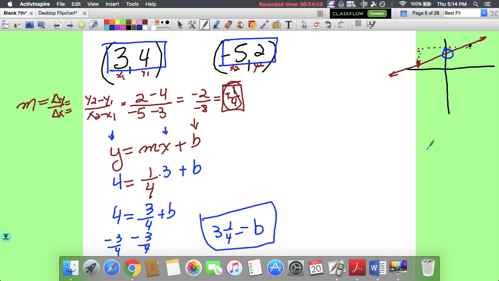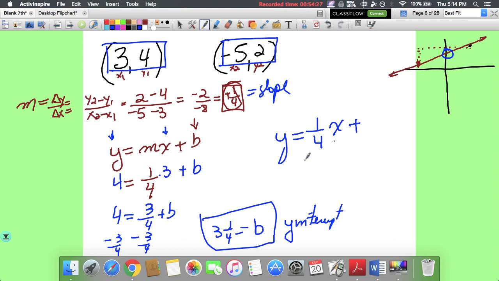Now I have everything I need to write my equation. I have my y-intercept over here, and I have my slope over here. So y equals slope, which is 1/4 times x, plus 3 and 1/4, which is my y-intercept.